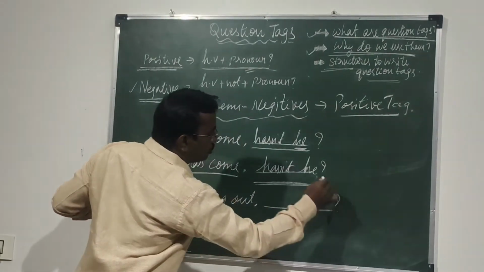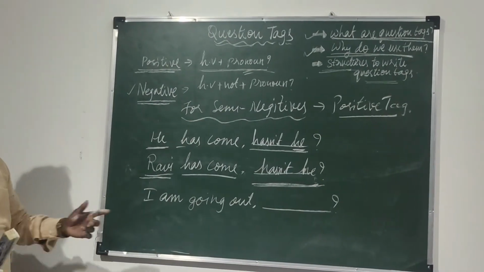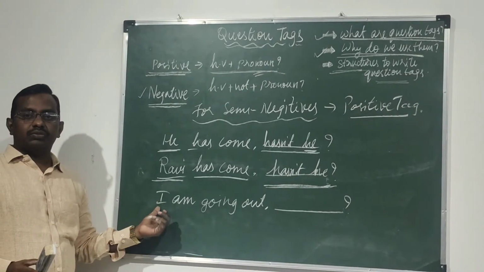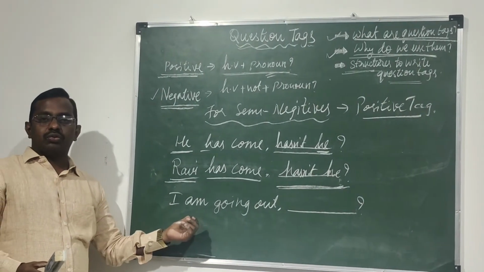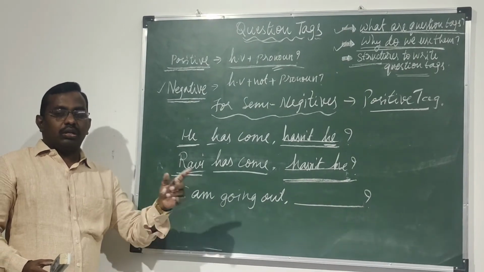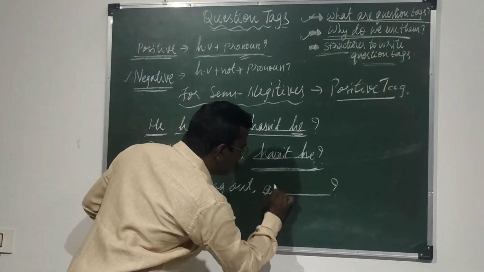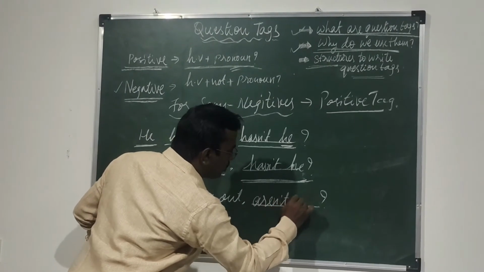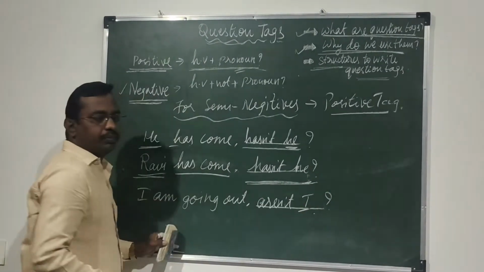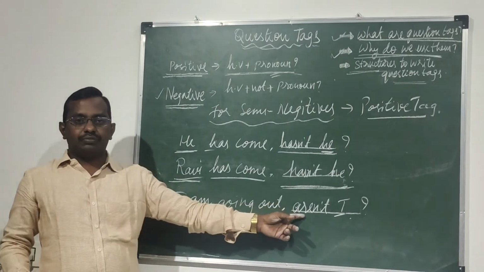The helping verb should be aren't. I should be capital letter. Aren't I?